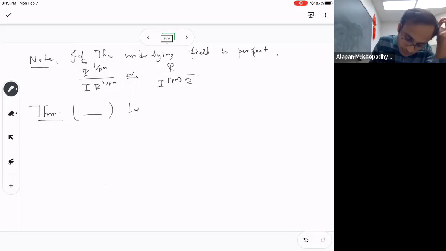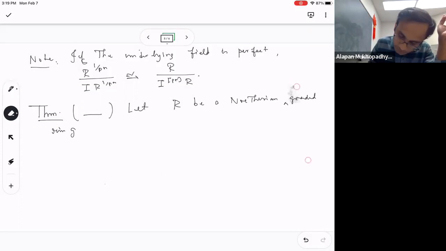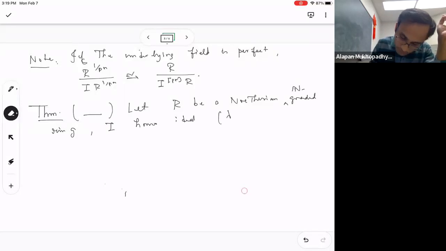So let R again be a Noetherian graded ring. By graded, I mean n-graded. And I a homogeneous ideal such that length of R mod I is finite.